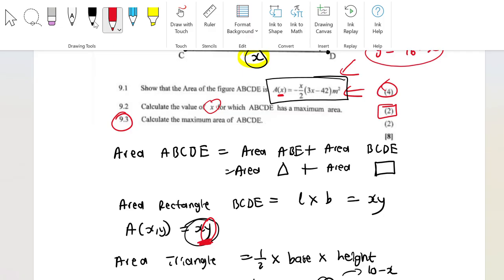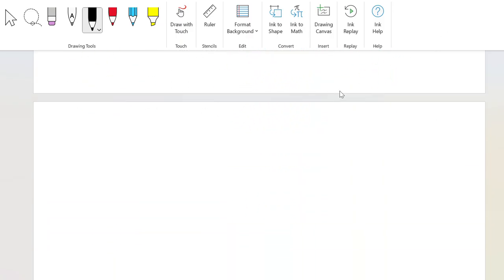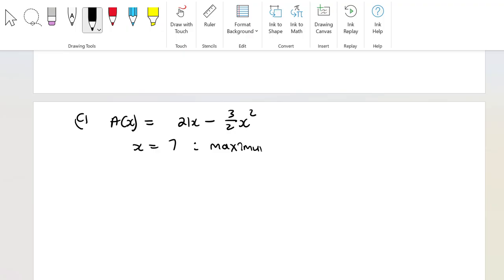9.3. Calculate the maximum area of ABCDE. Well, now what is happening now? Well, I've got A of x is equal to 21x minus 3 over 2x squared. And I know that the value of x of 7 will give me the maximum area. Okay, well, this is the area and this is just the value. This means that if I put the value of 7 into that formula, I'm going to get my maximum area.